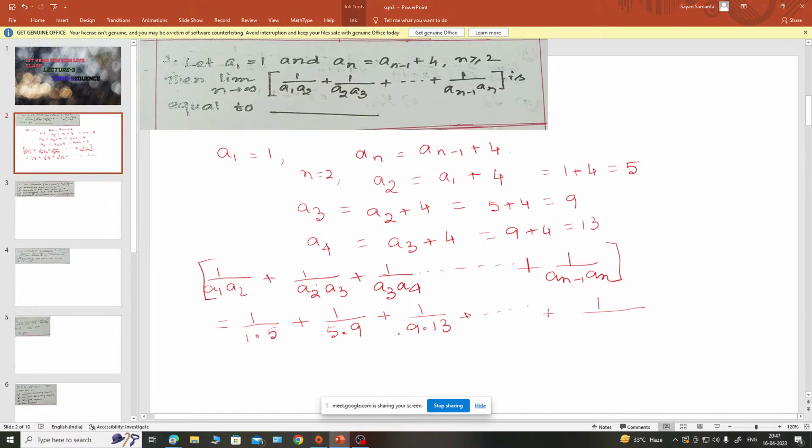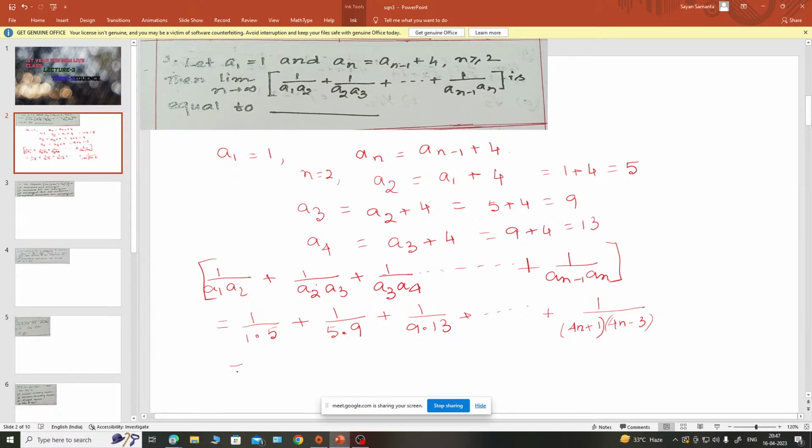Here the difference is 4, and the last term is 4n minus 3 and 4n plus 1. Is it clear to everyone?